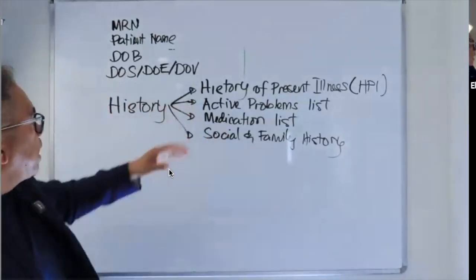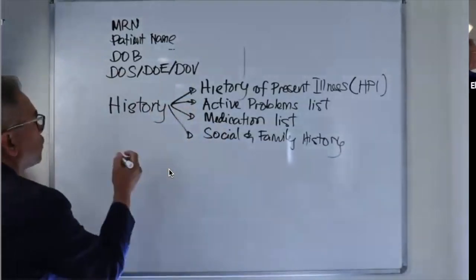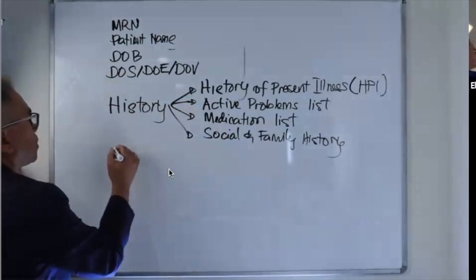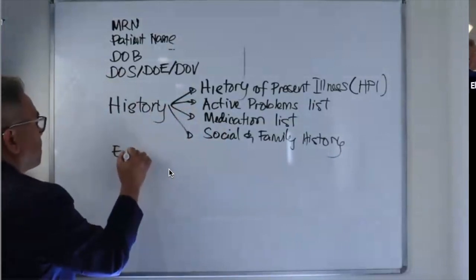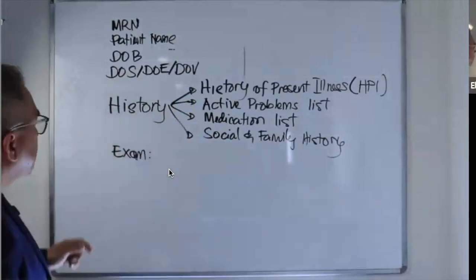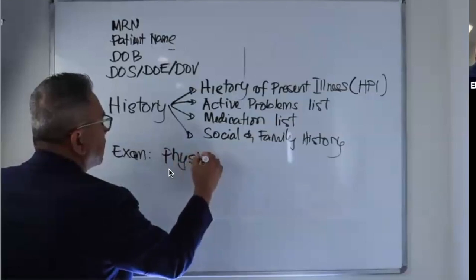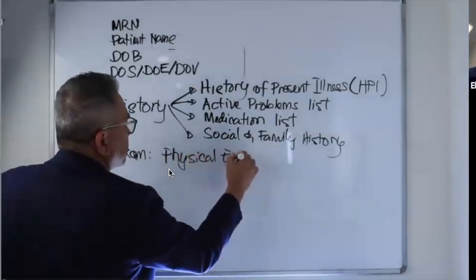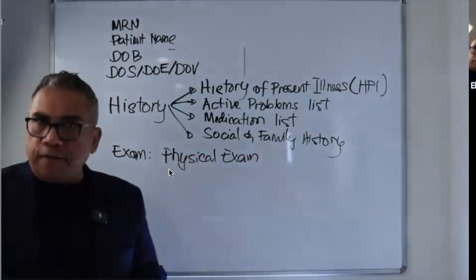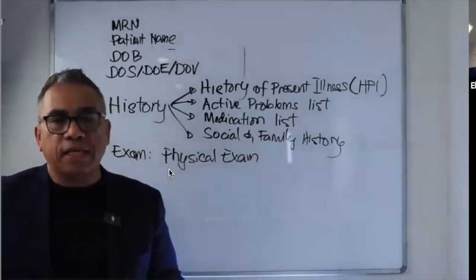Now, another major part of the patient's medical record would be the exam. The exam is basically, guys, the physical exam. Now, with the physical exam, there are different ways doctors perform examination.